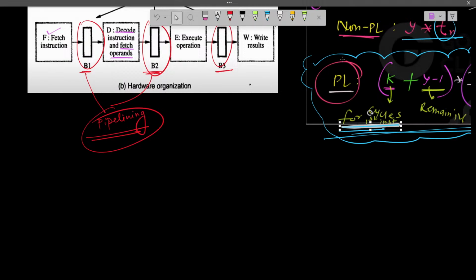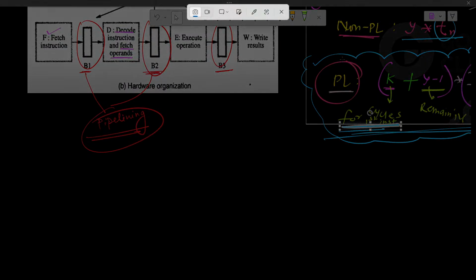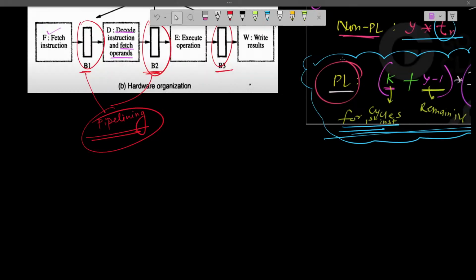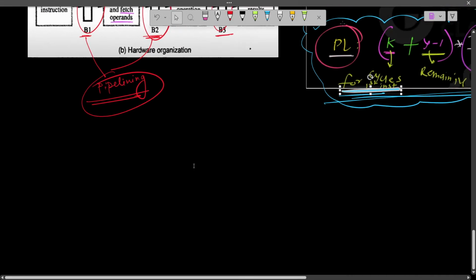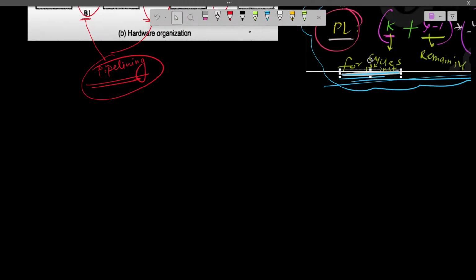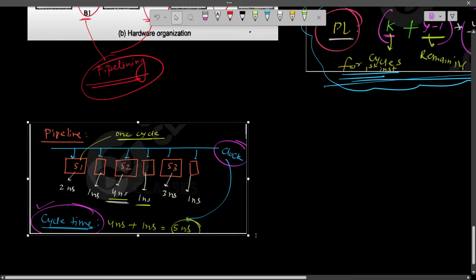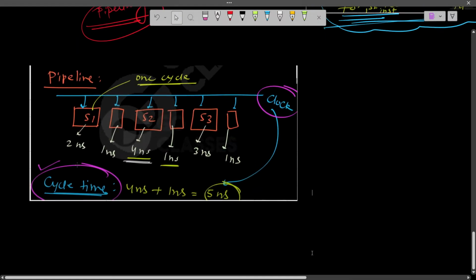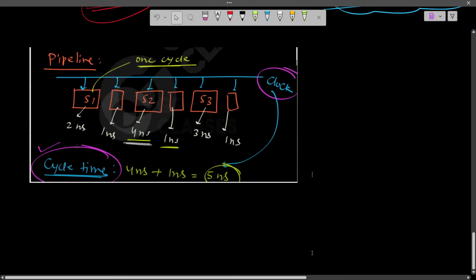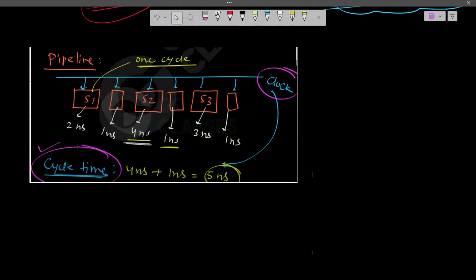Let's see that cycle. The cycle time is 4 nanoseconds plus 1 nanosecond here.